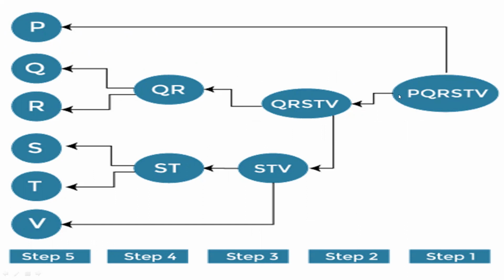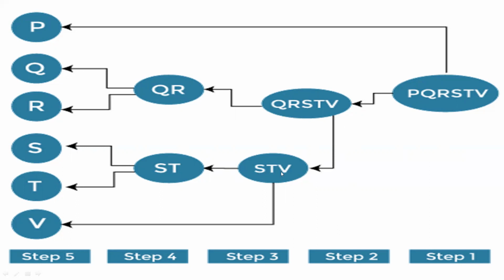From this, we have divided into two clusters. One point is P and the other points are Q, R, S, T, V. From here, we have 5 data points. We have divided them into 2 and 3. 2 points are QR and the other 3 elements are STV.